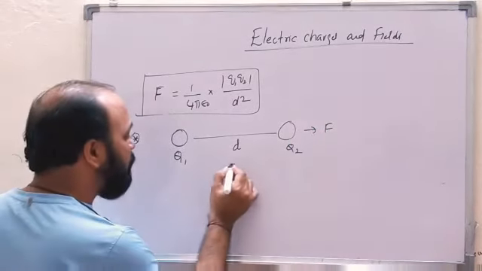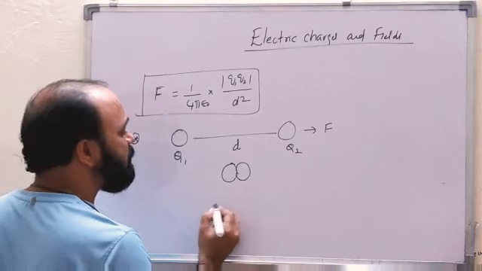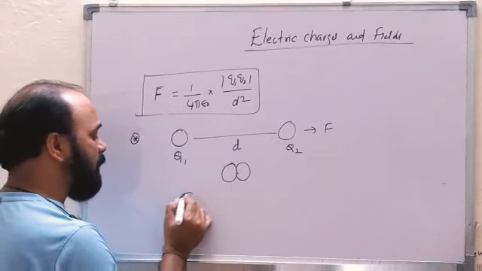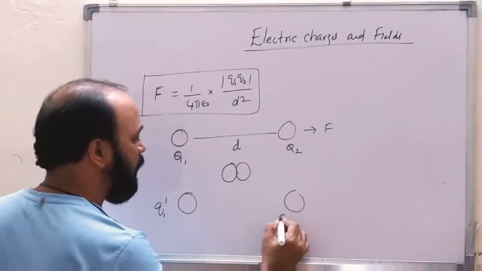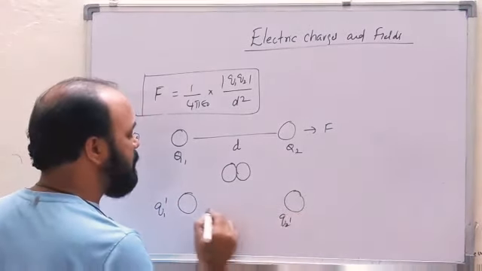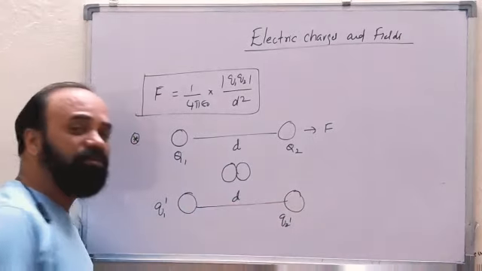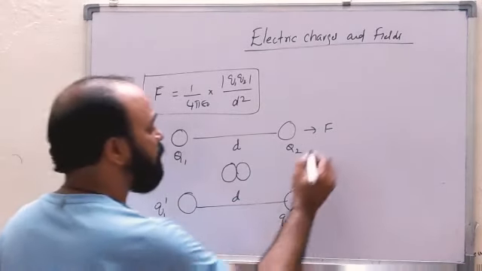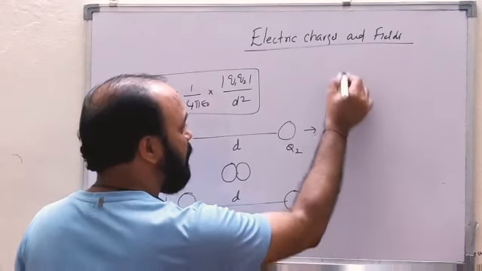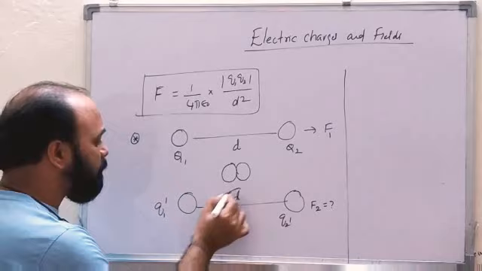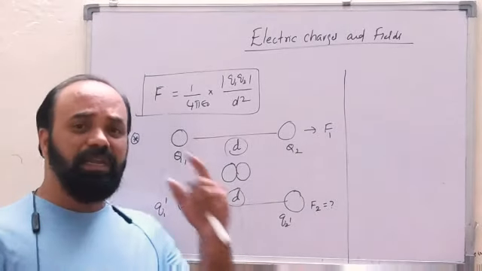Now these two are brought in contact with each other for a few seconds, and then separated again. Now the charges are Q1 dash and Q2 dash, and the separation between them is d only. Then they ask what the new force F2 is. Guys, here the distance is the same, so we have to focus only on the charges.